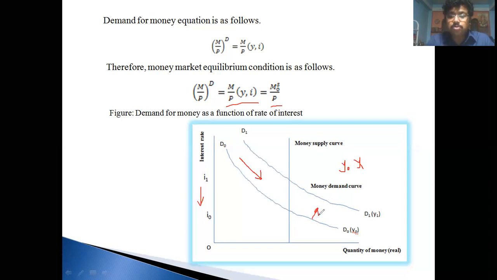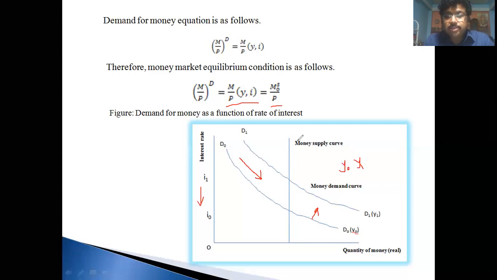If income falls, suppose from Y1 to Y0, then the money demand curve will shift towards the origin. So if there is an increase in income, there is a shift in the money demand curve.